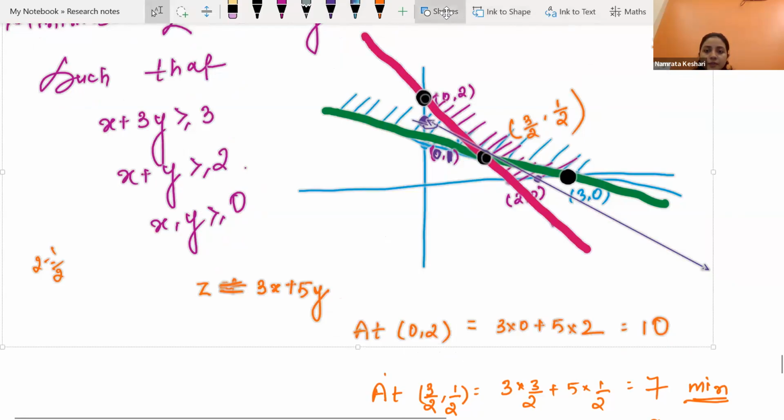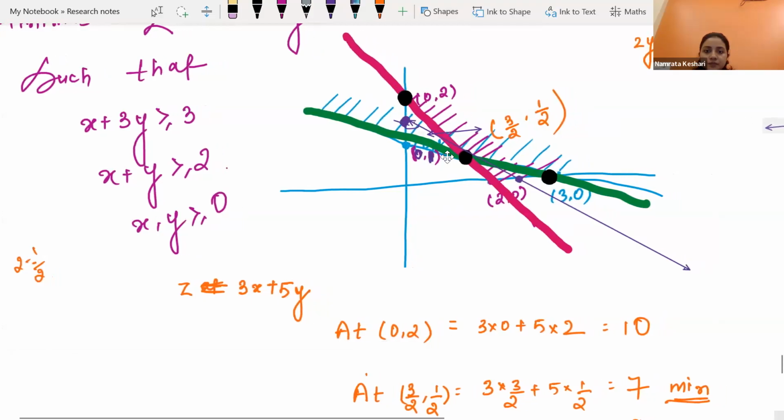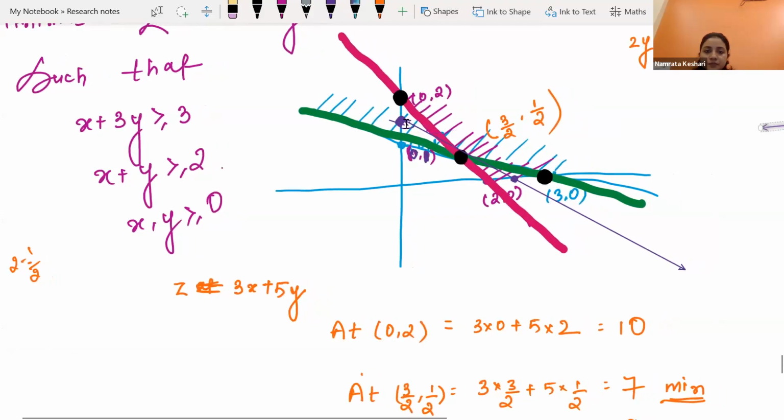It's not lying, right, Annapurna? No. Okay, then this is the minimum value.